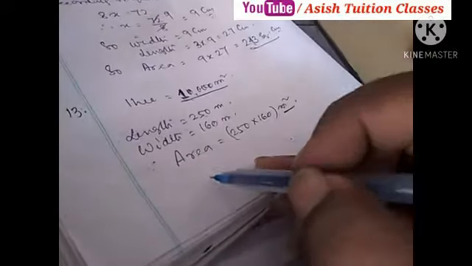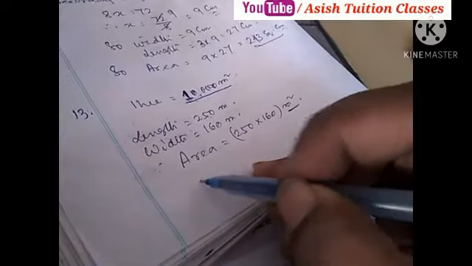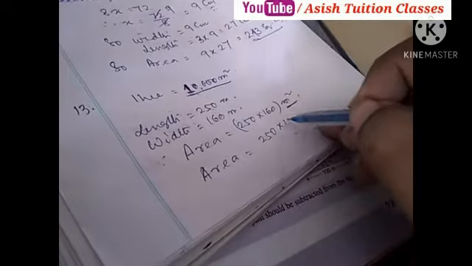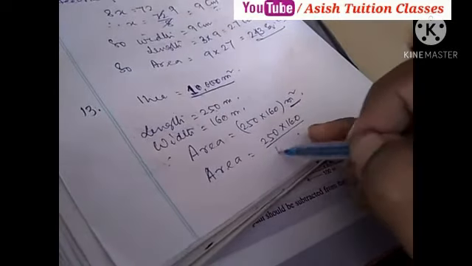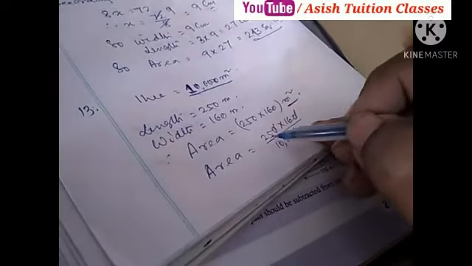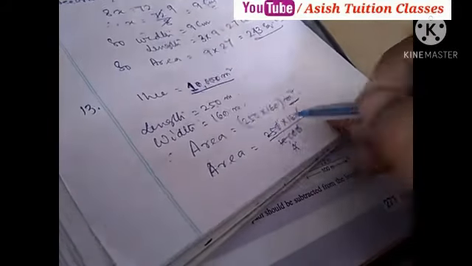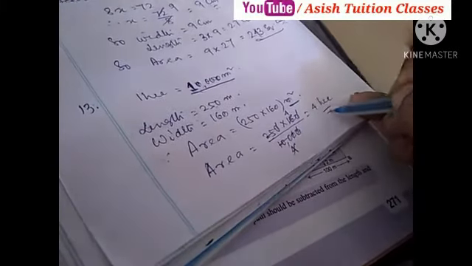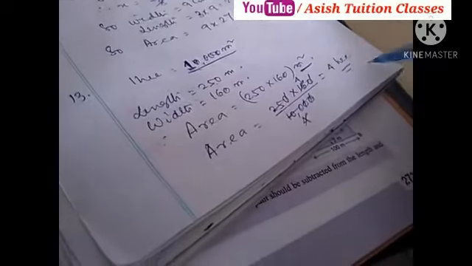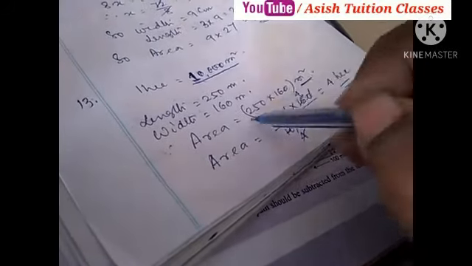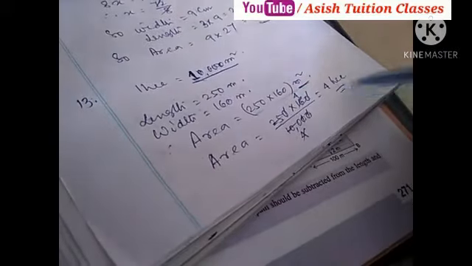Now this will be converted into hectare. So area is equal to 250 into 160 divided by 10,000. This means 4 hectare. Okay, total area converted into hectare.